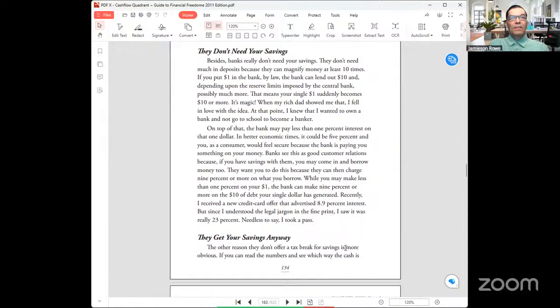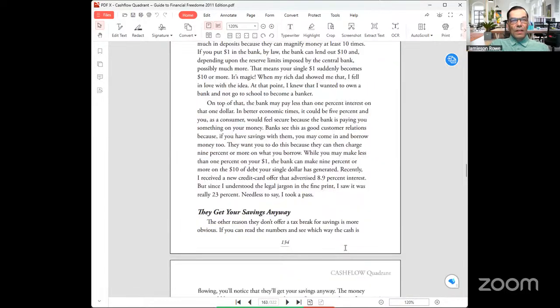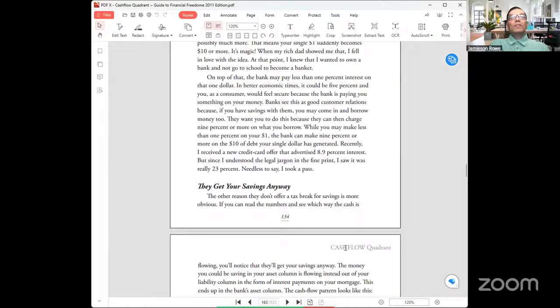Recently, I received a new credit card offer that advertised 8.9% interest. But since I understood the legal jargon in the fine print, I saw it was really 23%. Needless to say, I took a pass. Oh, and by the way, they can take in and loan that money multiple times.